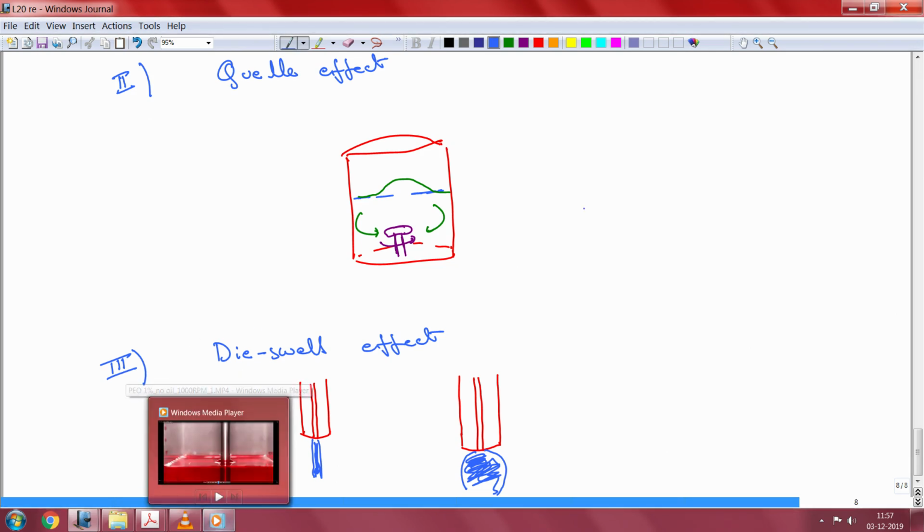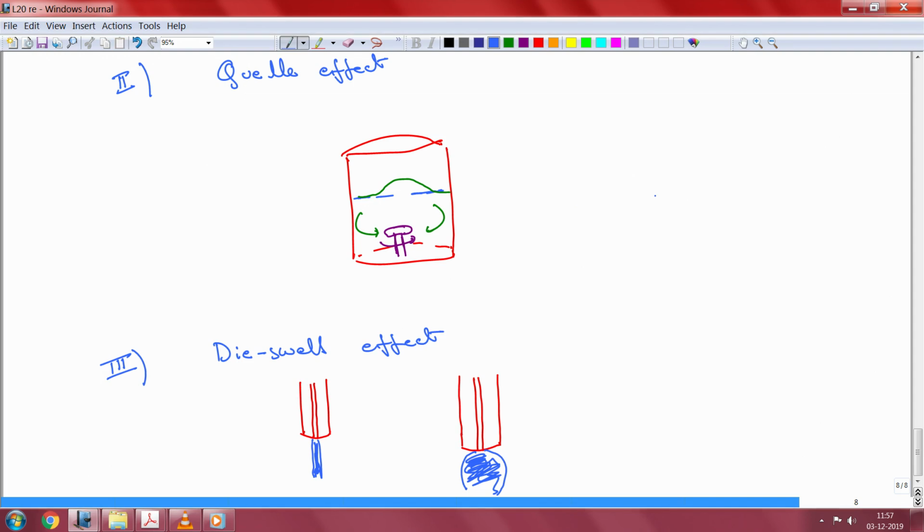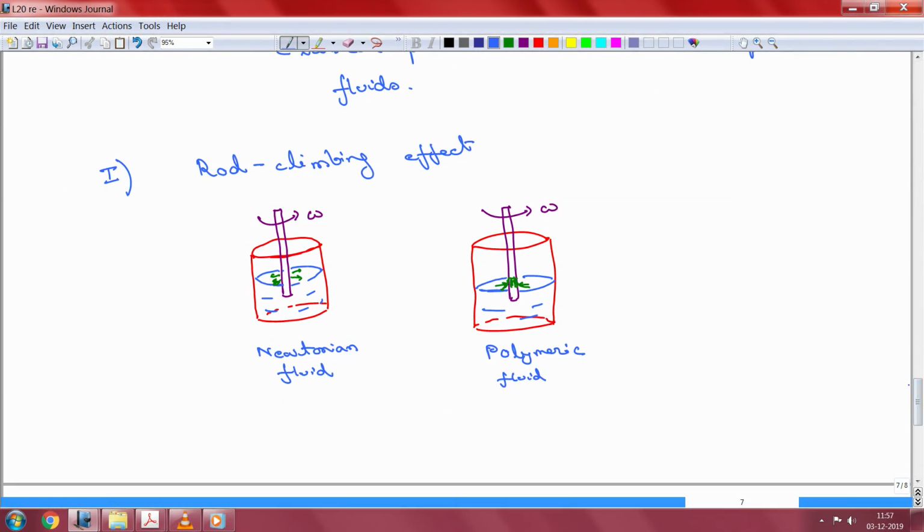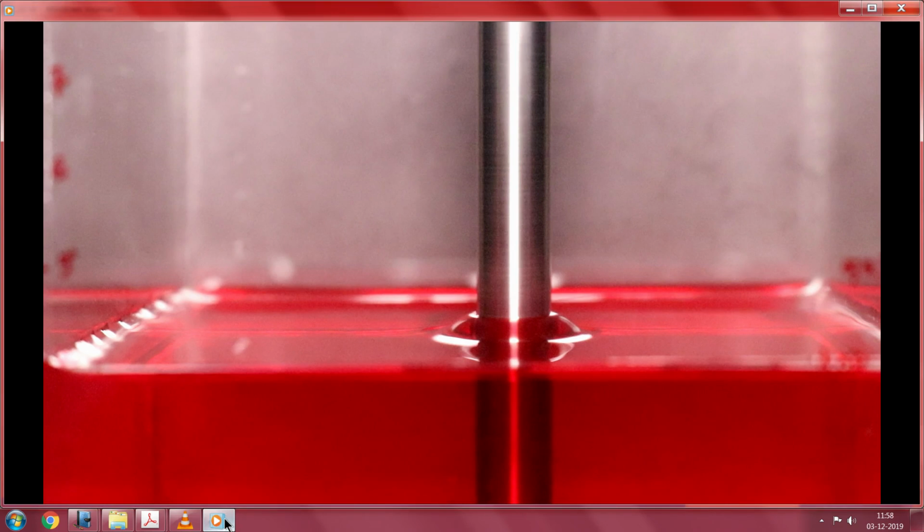So, going back to the rod climbing effect, as I said, two people from our lab, Naveen and Udita, did an experiment. What you have here is a rod that is partially immersed in a rectangular beaker, and you have a polymeric fluid here.